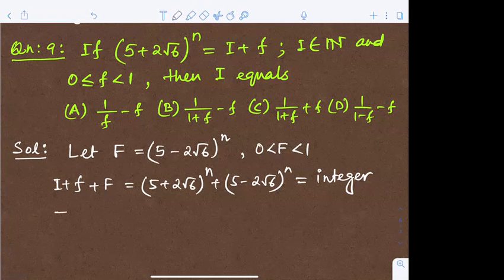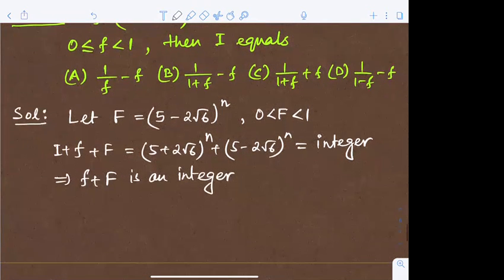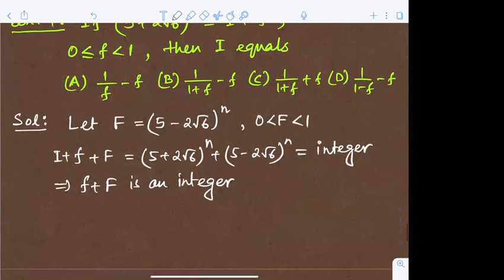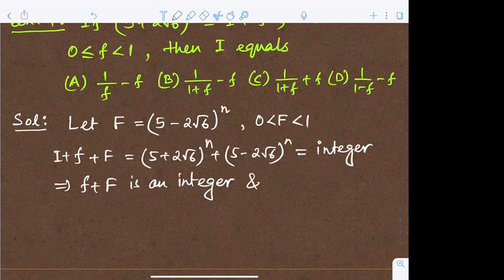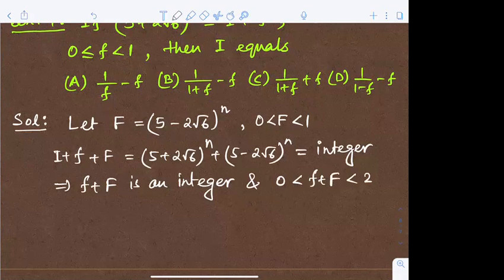So this implies f plus F is an integer, and we know that small f is a fraction between 0 and 1. Capital F is also a fraction between 0 and 1. So where will they lie? If I add them, small f plus capital F will lie between 0 and 2. So between 0 and 2, what is the integer?